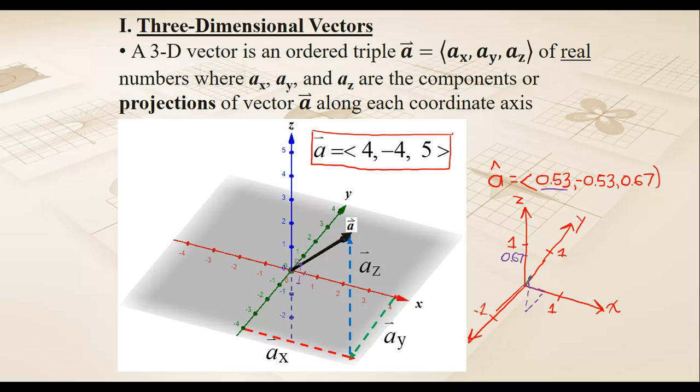And then if you draw a line from start to finish, let's do it in yellow here. Start to finish, then that unit vector A points in the same direction as vector A. So again, the only thing that the unit vector tells you is what direction the vector points, but it does not tell you how long the vector is.